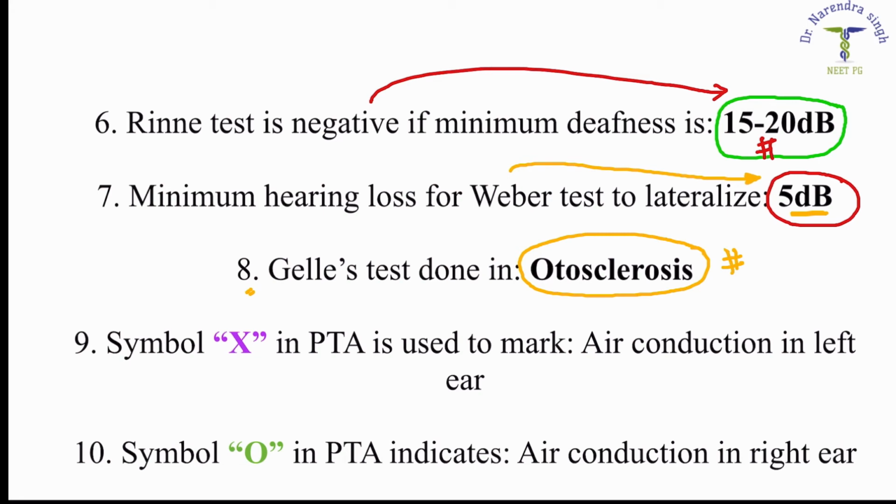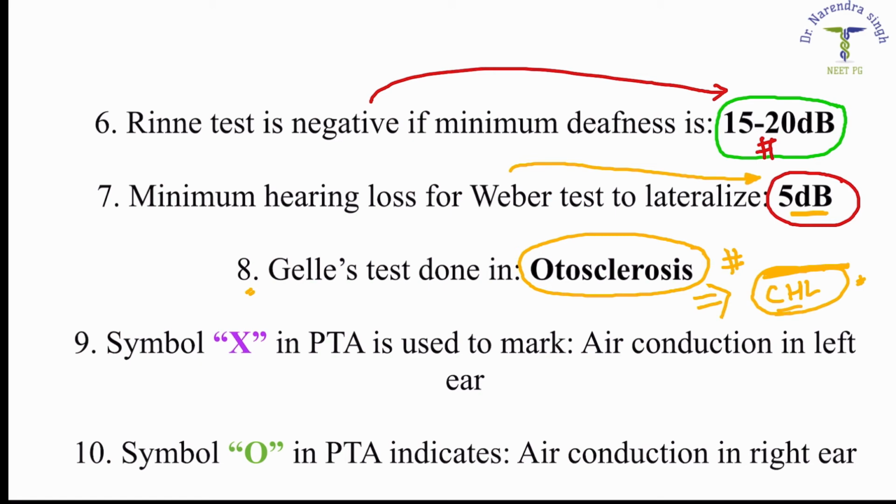As we increase the pressure in the external auditory canal with the help of the pneumatic bulb, the ossicular chain gets stiffened, which brings a conductive hearing loss. So if there is a decrease in hearing on increasing the pressure, the ossicular chain is intact, since the tuning fork is placed on the mastoid, which is bone conduction.